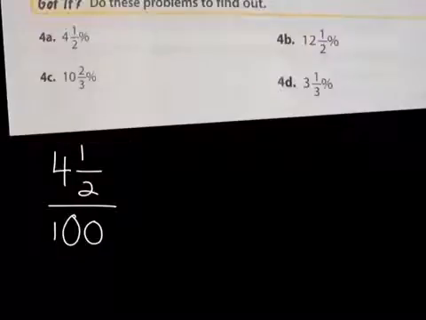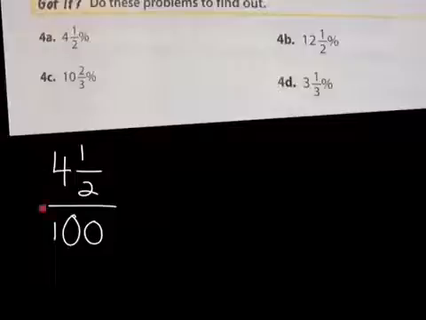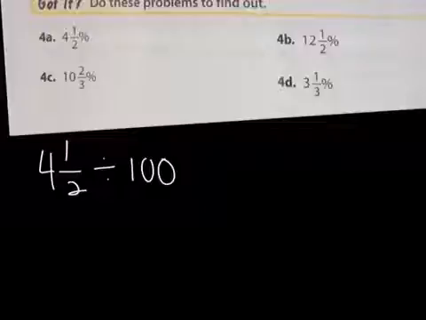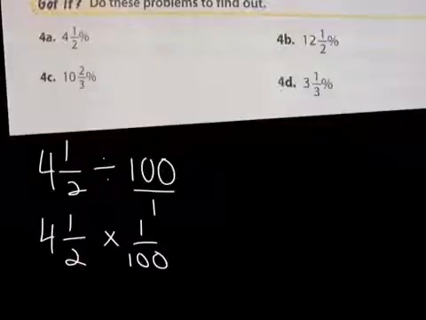Okay, let's try to write 4 1/2% as we did in the example, 4.5 over 100. Now let's write it as a division problem. And you know that it's 100 over 1. And then let's find the reciprocal. There it is. We flip the second one.